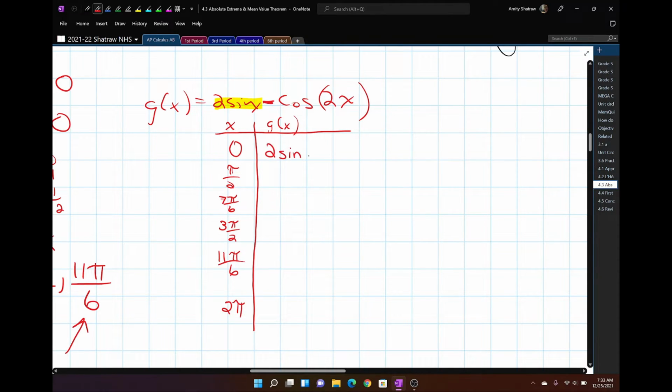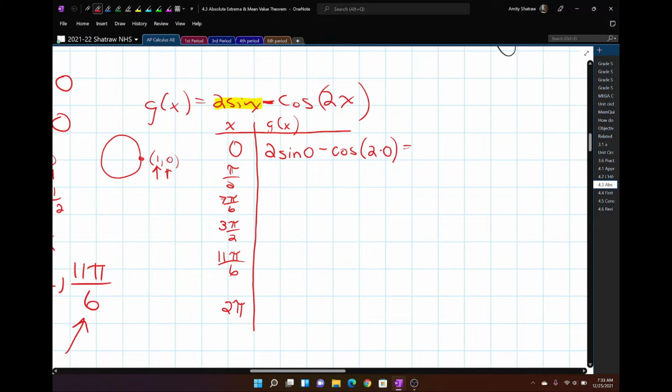I'll leave it to you to do the rest of these, but I'll just do the first one for you, cosine of 2 times 0. I've got sine of 0, which, unit circle, have you got it memorized? This point is 1 comma 0. That is cosine, that's sine. And so I say that sine of 0 is 0.